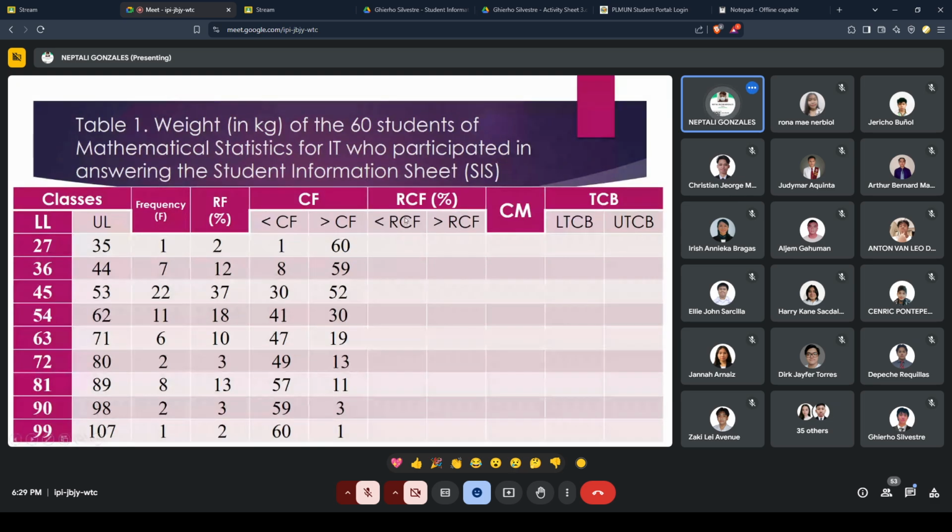So next is finding the relative cumulative frequency. The relative cumulative frequency is in less than, ito, the first one, and the next is the greater than relative cumulative frequency.